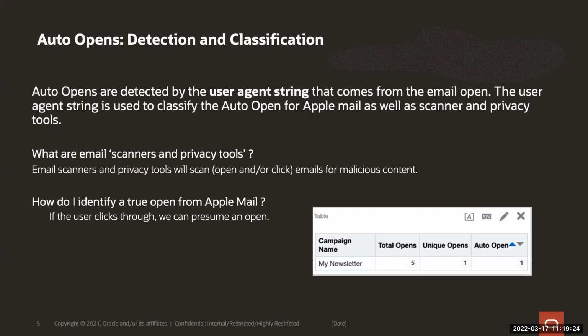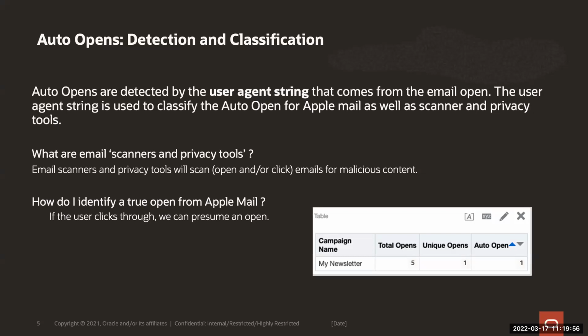And although this is great for security reasons and it protects the end users, actually a lot of you on this call might already have them in place within your own organizations. It does mean that, similar to Apple Mail and the privacy changes that we saw there, it can be difficult to identify a true open. So with that, we wanted to make sure that we were capturing auto opens that occur due to the Apple Mail changes, as well as the scanner and privacy tools.